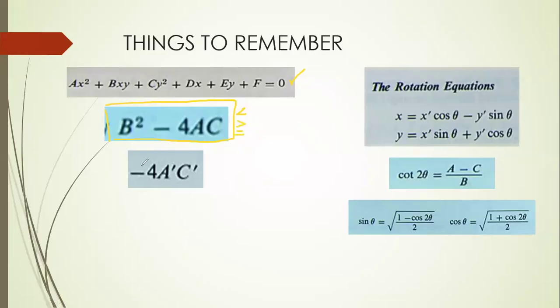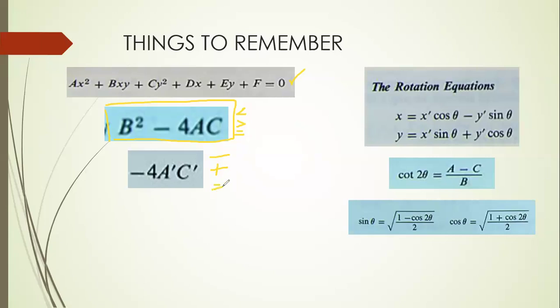We also have the case when the shape is not rotated. And for this, which I was supposed to mention earlier, if it is negative, it is an ellipse. If it is positive, it is a hyperbola. And if it is equal to 0, it is a parabola.